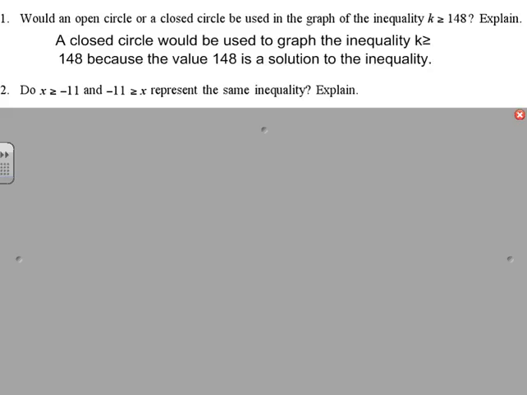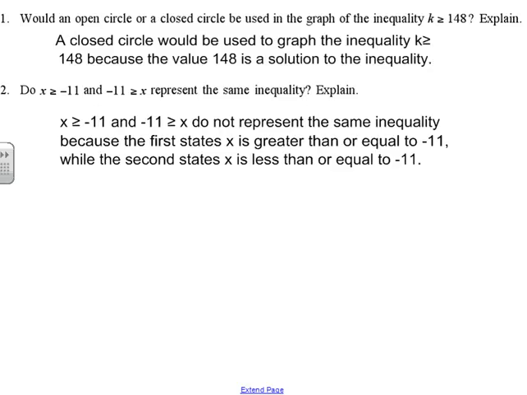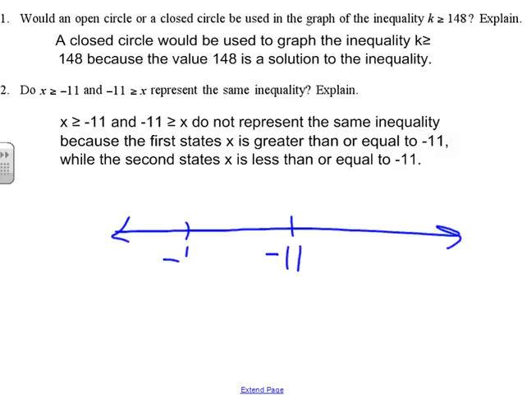Second one, do x is greater than or equal to negative 11 and negative 11 is greater than or equal to x represent the same inequality? Those do not. The first one shows that x is larger, so if we draw a number line here, here's negative 11.